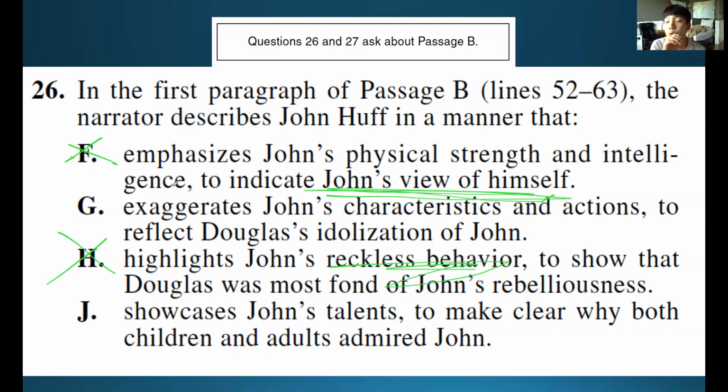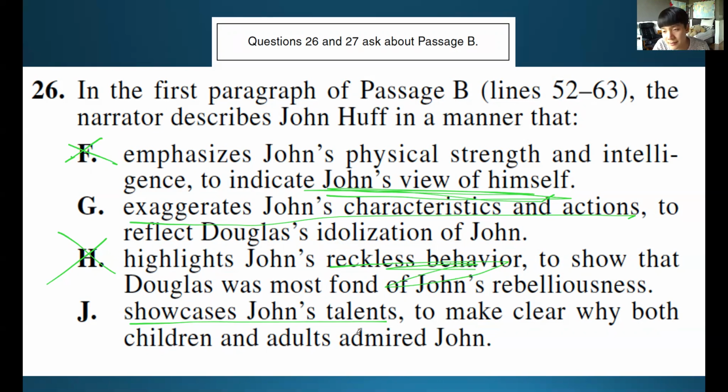But then we have two that are extremely tricky. Why are these two extremely tricky? Well, the first part of this one and the first part of this one are literally the same. Exaggerating his characteristics and showcasing his talents. They're a different style of writing, but they're about the same.